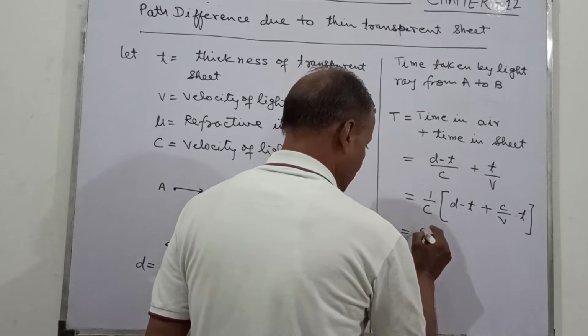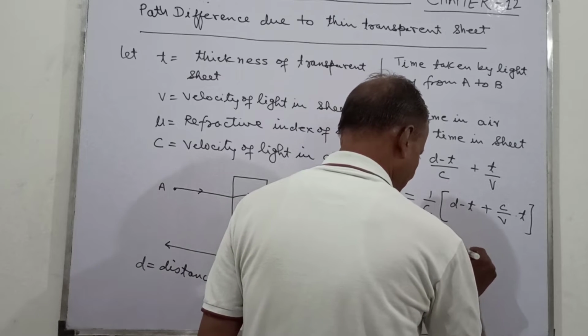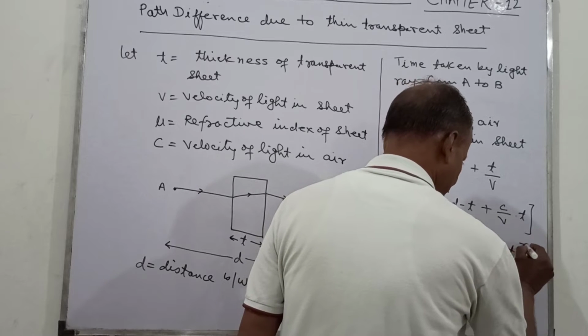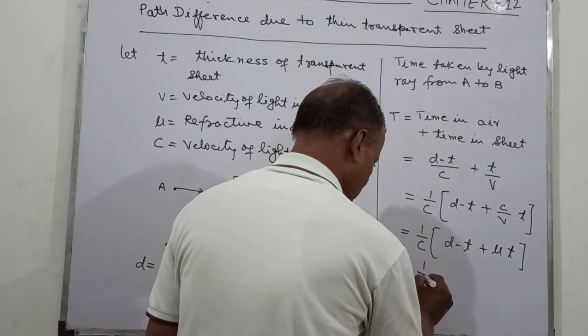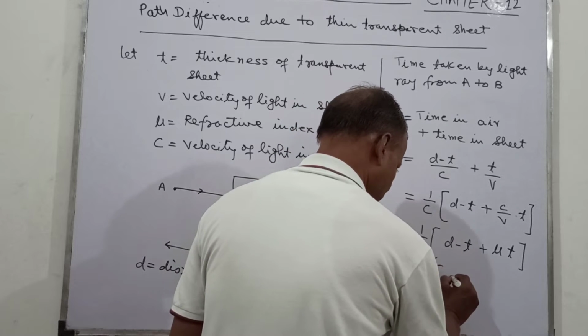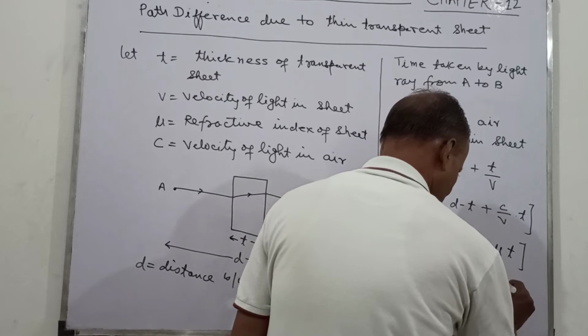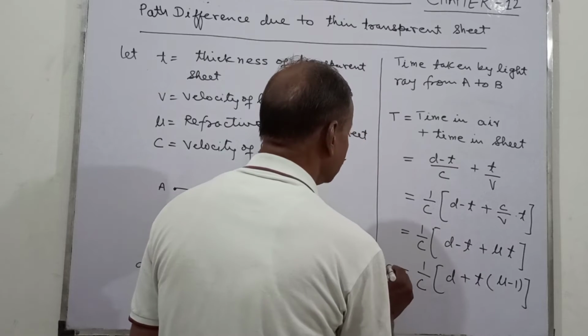So this is equal to 1 upon C into D minus T plus mu T, or this is equal to 1 upon C into D plus T into mu minus 1. This is the time T.